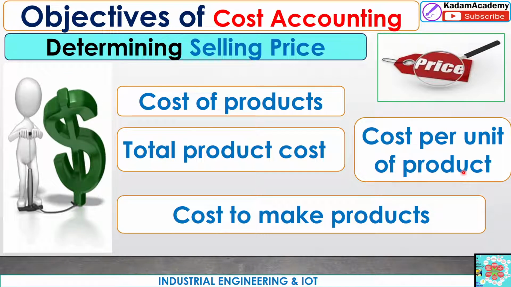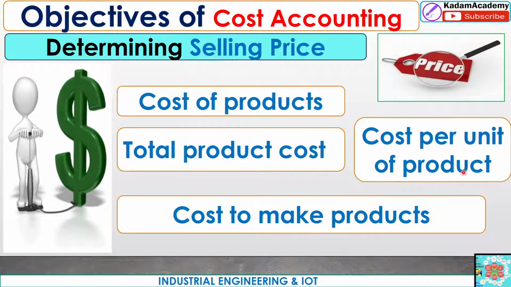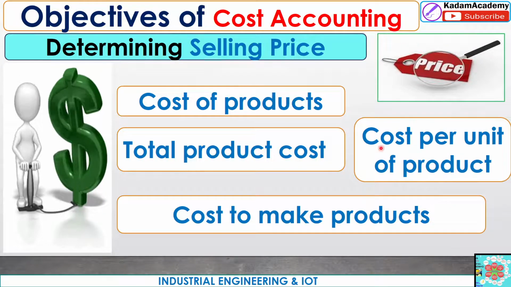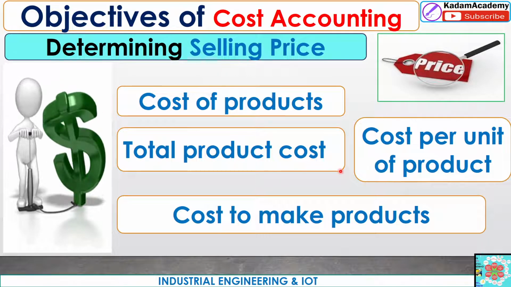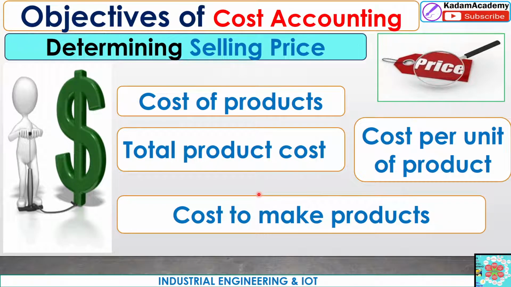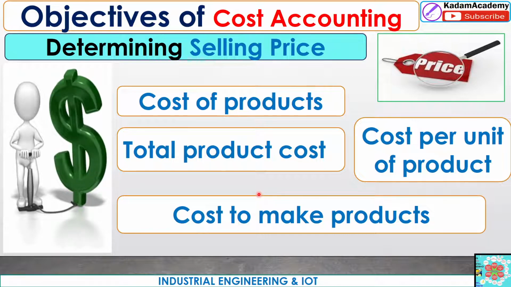You can watch the video for the numericals on the elements of cost or the calculation of the selling price. Different numericals are there. Now see, cost accounting provides information regarding the cost to make or sell products or services.